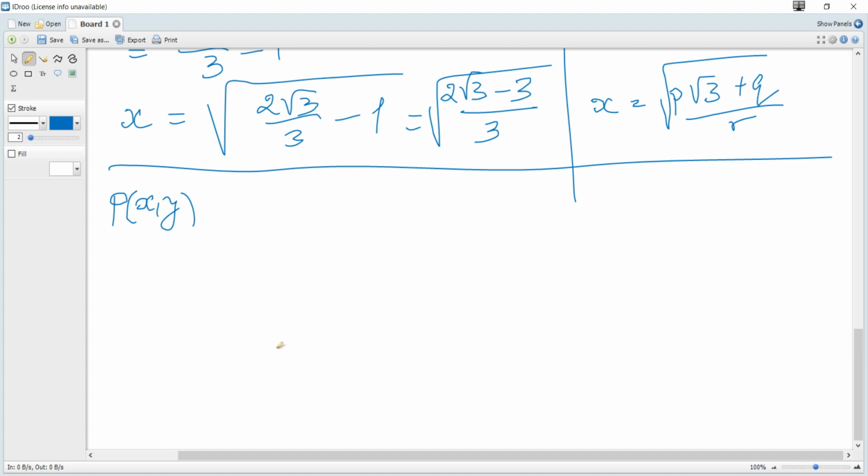The tangent to the curve y squared is x cubed plus ax plus b at a rational point P intersects the curve at another rational point Q. The tangent to the curve at P intersects the curve at another point Q.